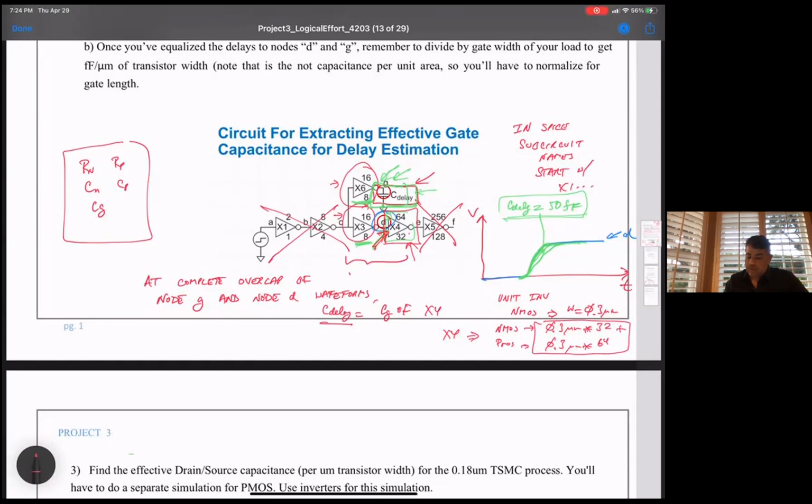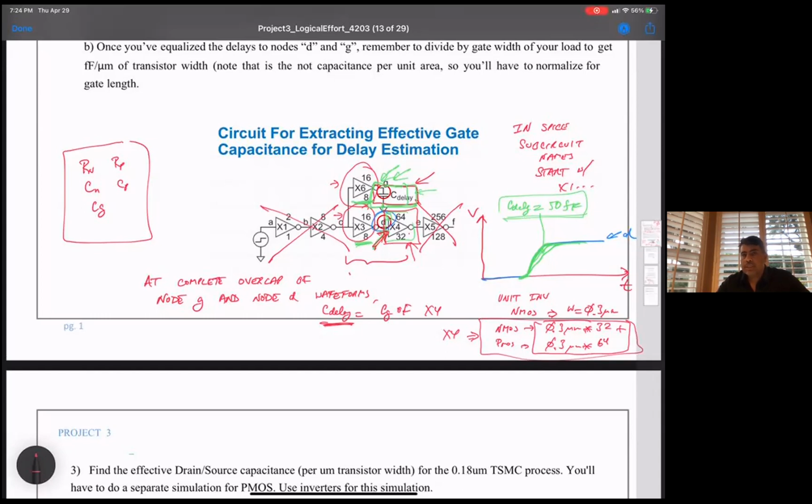To get capacitance per micron of width, you divide C delay by this total width, and you get a capacitance per unit width. And that's your C sub G. Then to make sure you're in the right ballpark, you can go to the table in chapter 8.